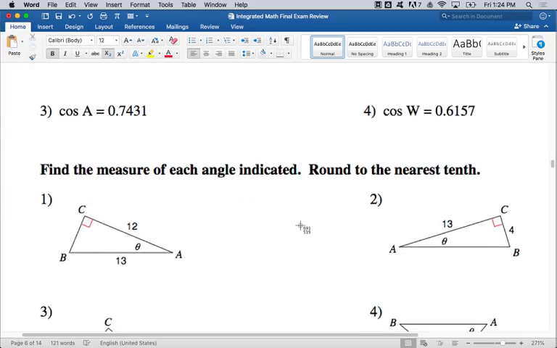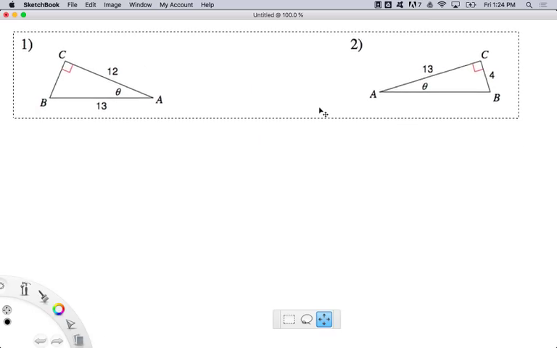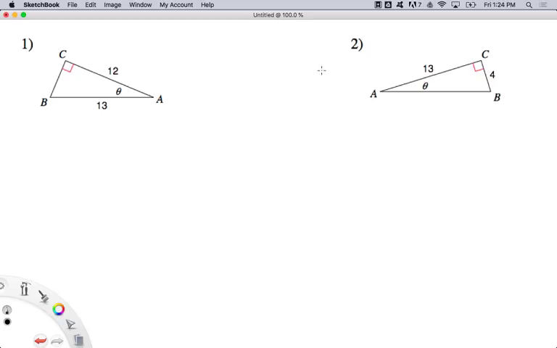Now, once you've got that, we can apply that. How can we apply this? Well, if we're asked to solve for an angle in a triangle, we have to use what?